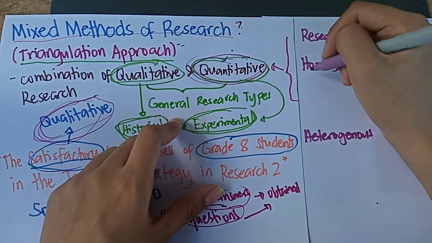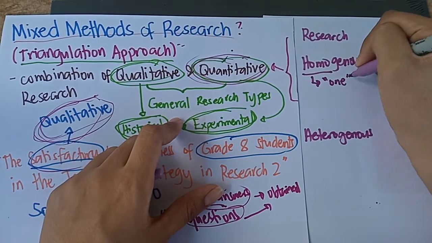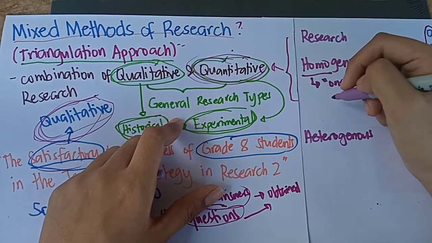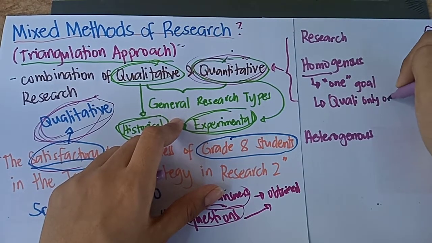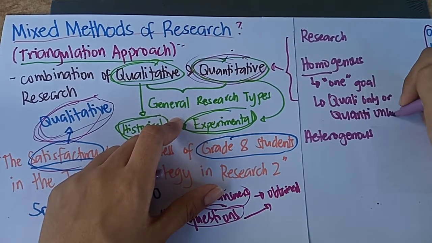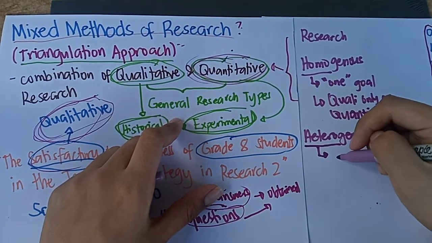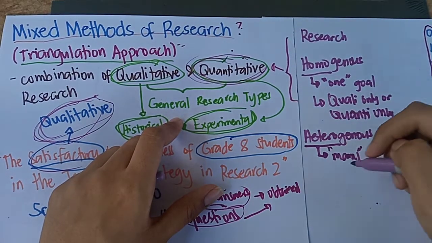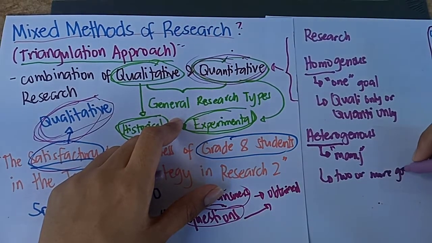In homogeneous, from the word homo, it only covers one goal. So it can either be qualitative only or quantitative only. While in heterogeneous, hetero meaning more than one, so meaning many, it covers two or more goals or aims.